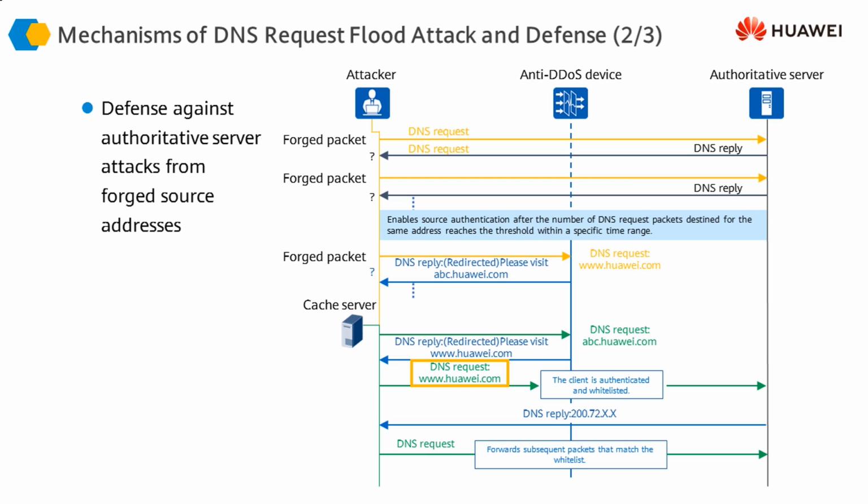Then the cache server is going to again send the request www.huawei.com, and now the DDoS device or the firewall is going to forward that request to the authoritative server, because it has made sure that the request is coming from an actual server and not from a forged source IP address or from an attacker. So these were the two major attacks against the DNS cache server or the DNS authoritative server.